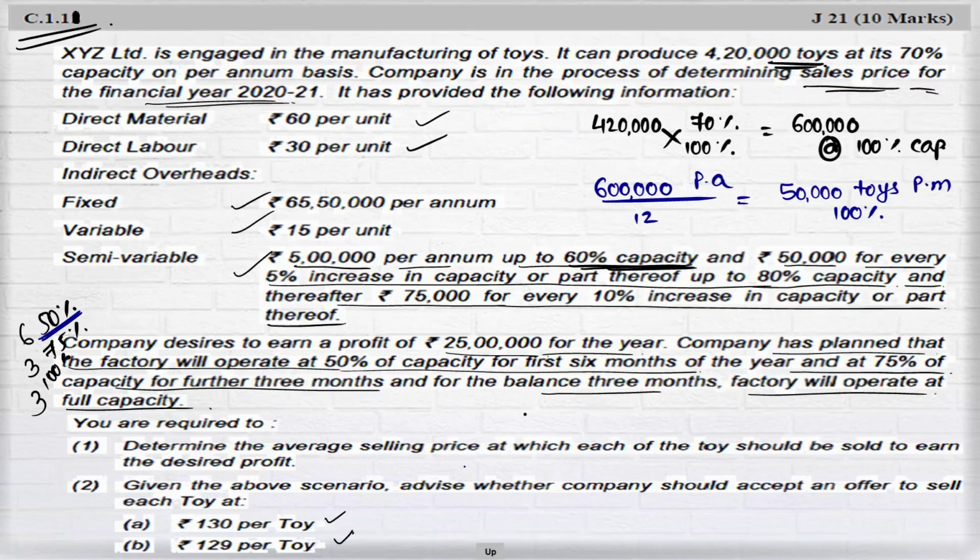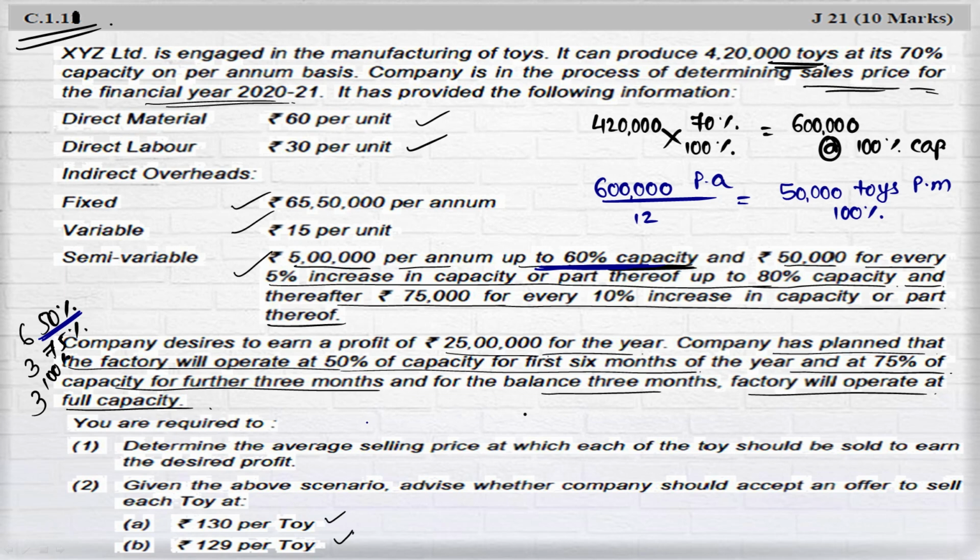And now what do they say? ₹50,000 for 5% increase in capacity or part thereof, up to 80%. So it is coming up to 80%. For every 5% increase in capacity, you will be adding 50,000. Over and above 50% or over and above 60%? Over and above 60%.